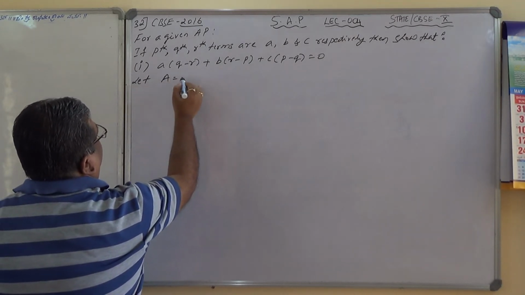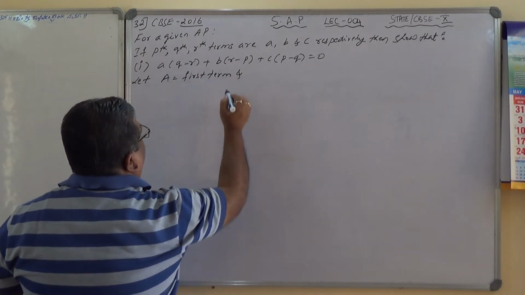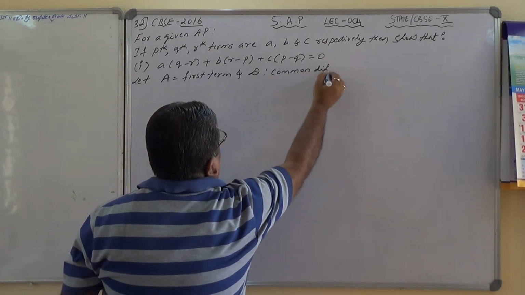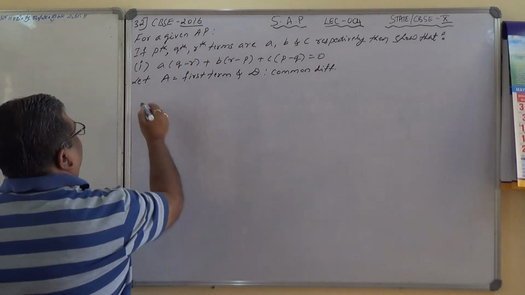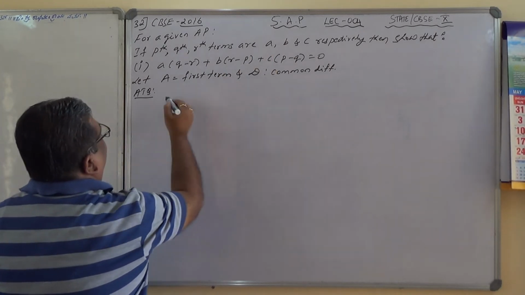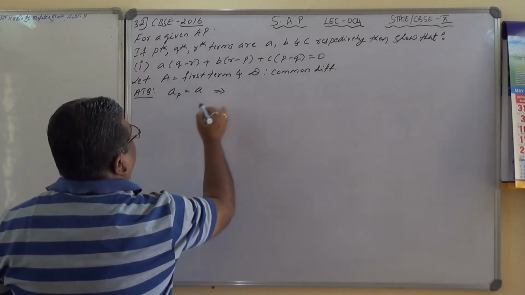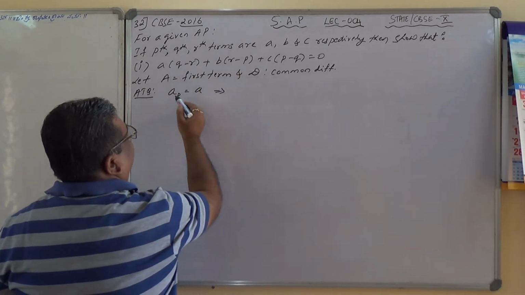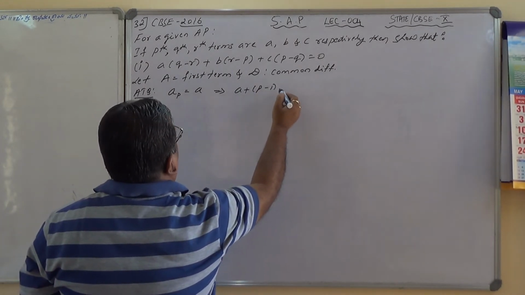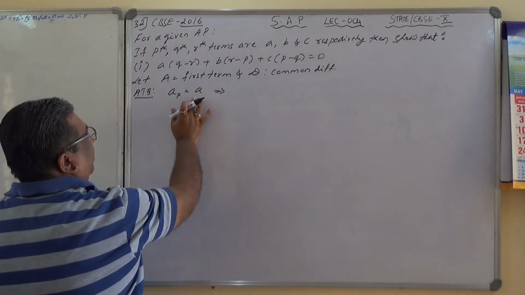Let A equal the first term and D be the common difference, capital D. According to the question, the pth term is a, so A_p equals a, which implies A plus (p minus 1) into D equals a.